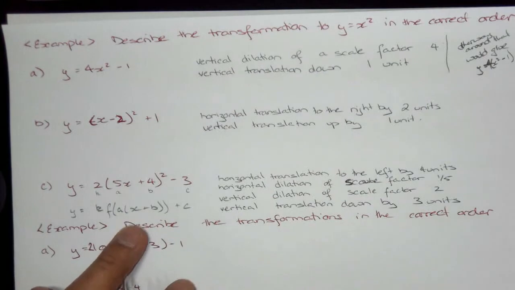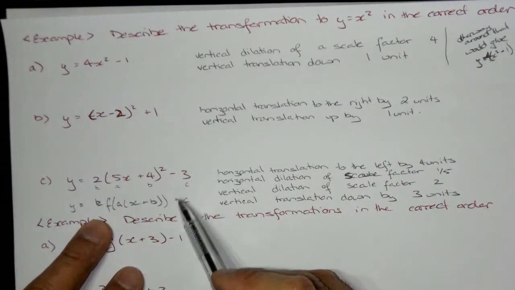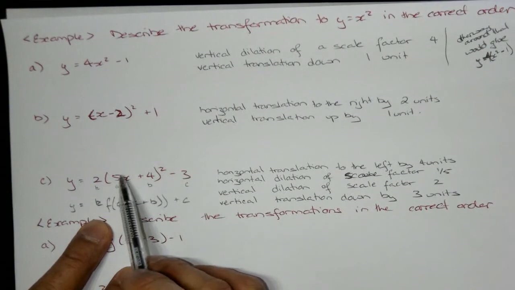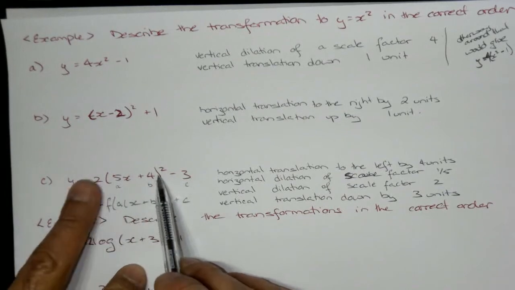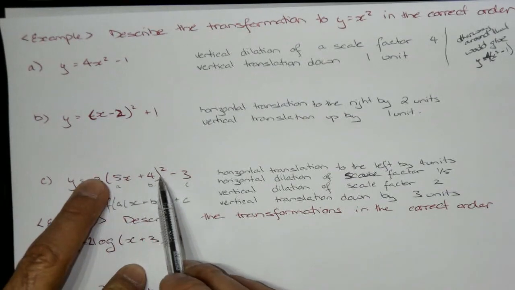Okay, so just be conscious about this type of thing. So when you see the a x plus b all inside the bracket, then that's a horizontal translation.